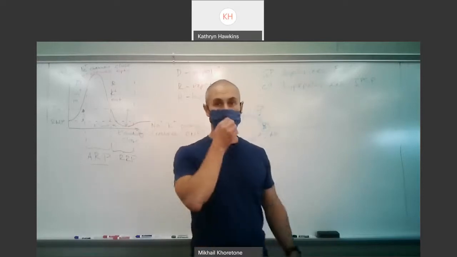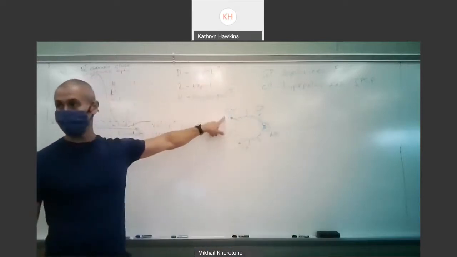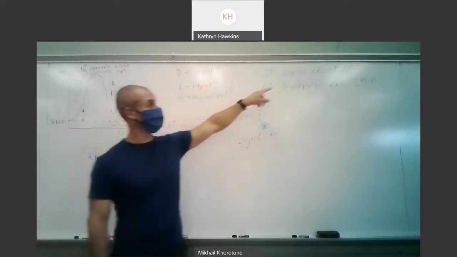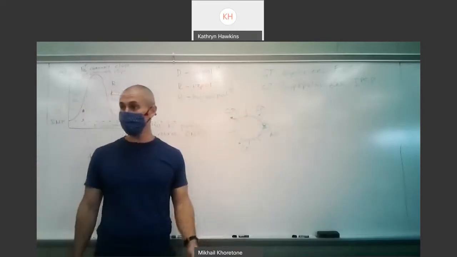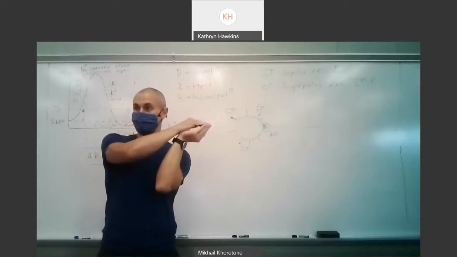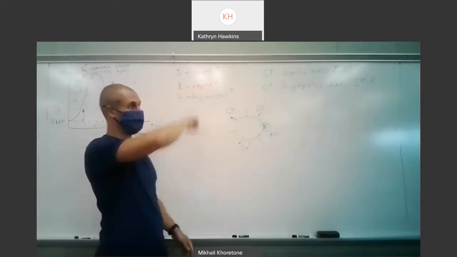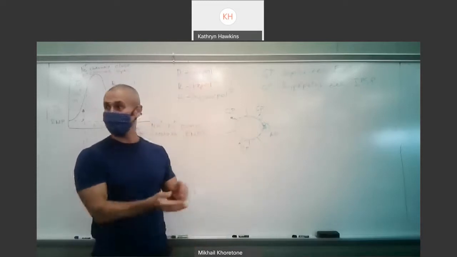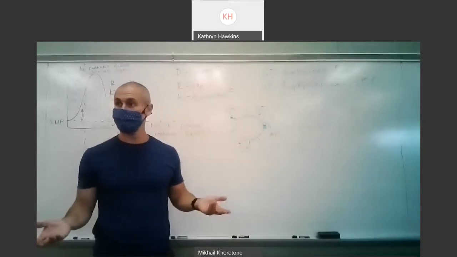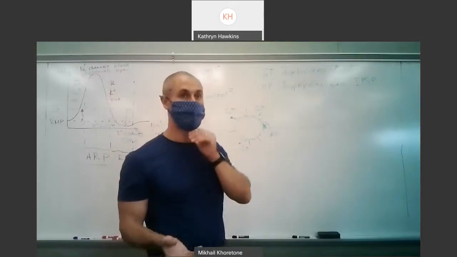Now, what if you have one graded potential, excitatory, and another inhibitory? What do you think is going to happen? One depolarizes, another hyperpolarizes. They're going to do what? They're going to cancel each other out.